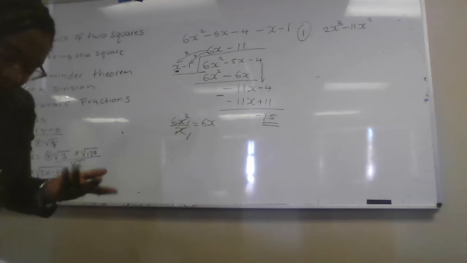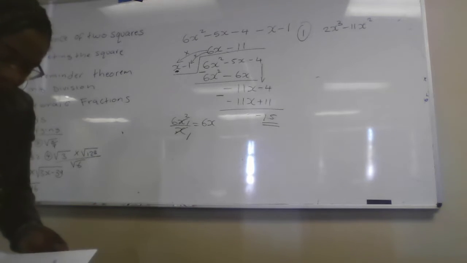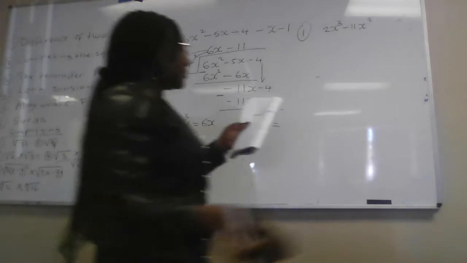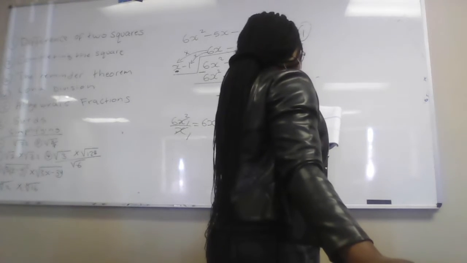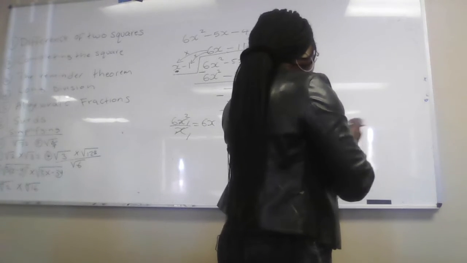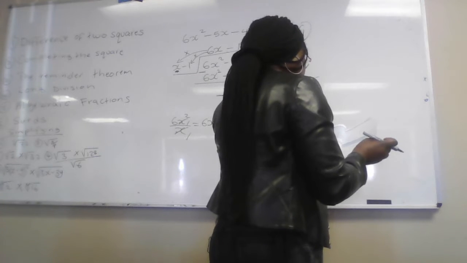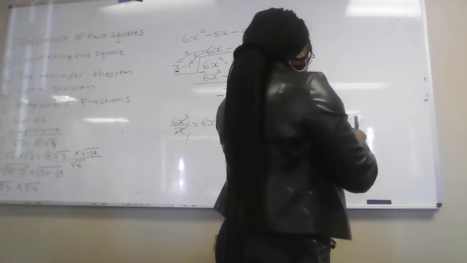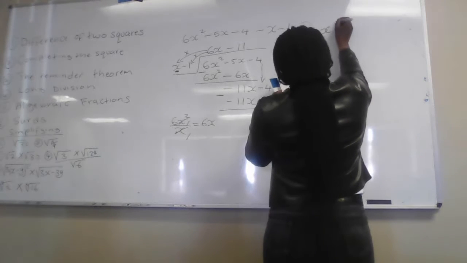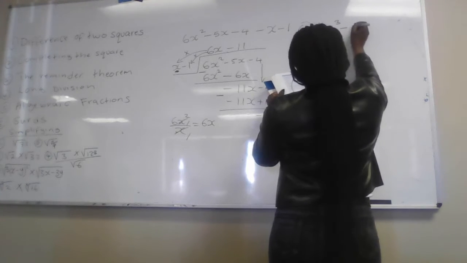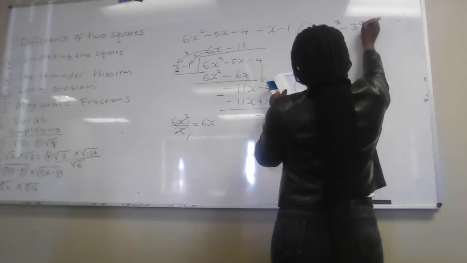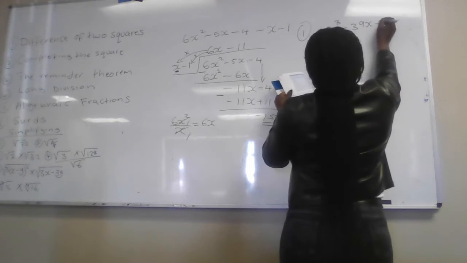Because if I take the wrong one, it won't prove. You know the problem. Let's try this one. Okay, x cubed minus 89x plus 70.